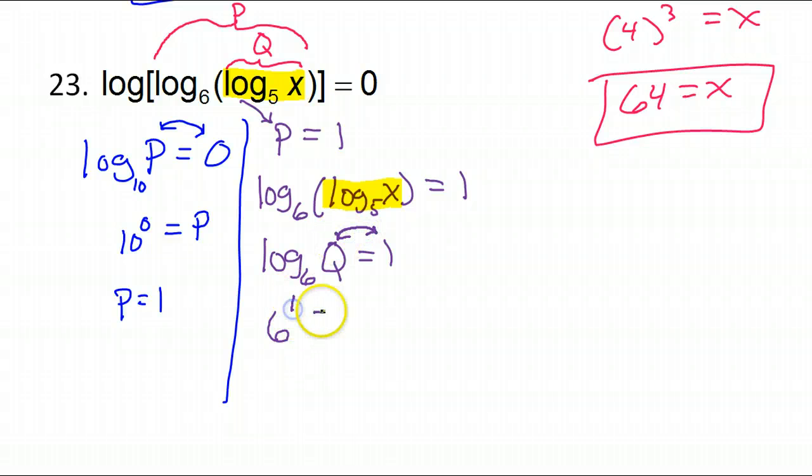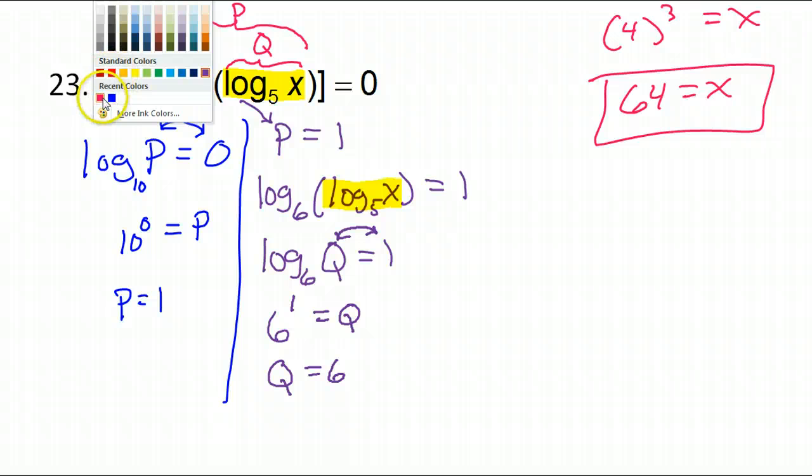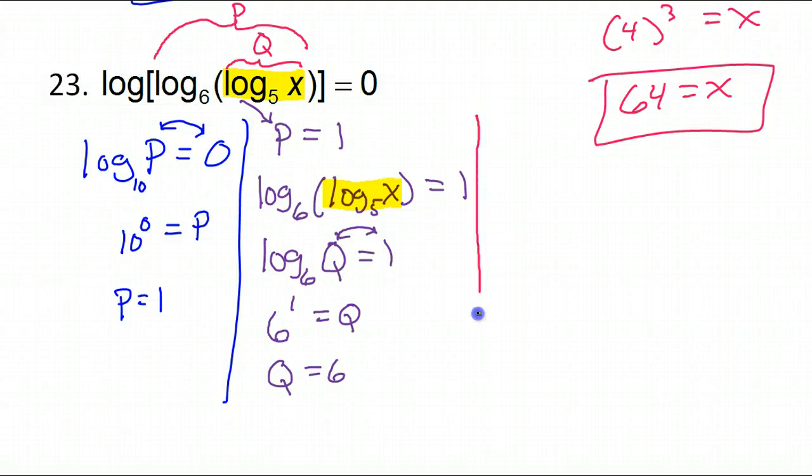So I will have 6 to the 1 power is equal to Q. Well, obviously 6 to the 1 power is just 6. So that means Q is equal to 6. Okay, we're making progress. Alright, so Q is 6 now. So let's start with that fact. Q equals 6.